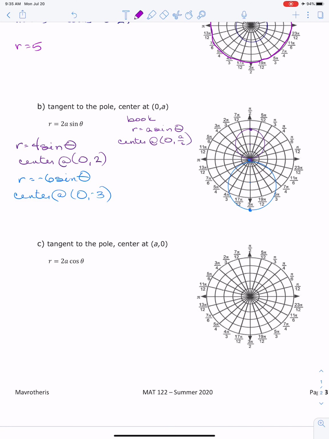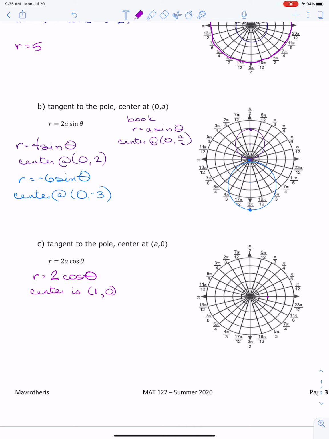Last form of a circle we have are those circles that are tangent to the pole with the center at A, 0, and those are going to look like R equals 2A cosine theta. So here's our first example, R equals 2 cosine theta, which means my center is half of 2, which is 1, so I have a center at 1, 0.